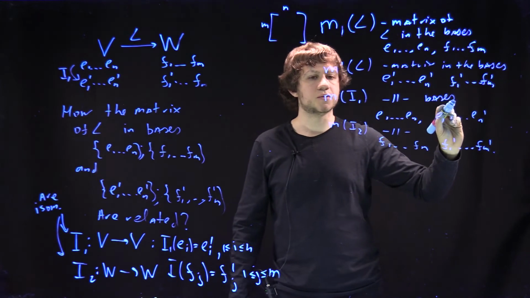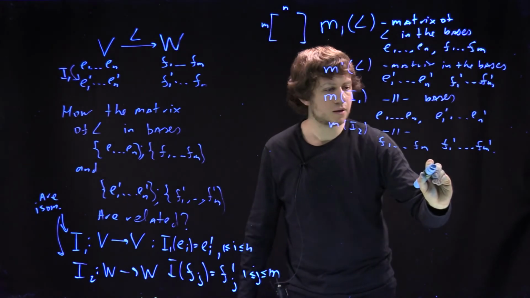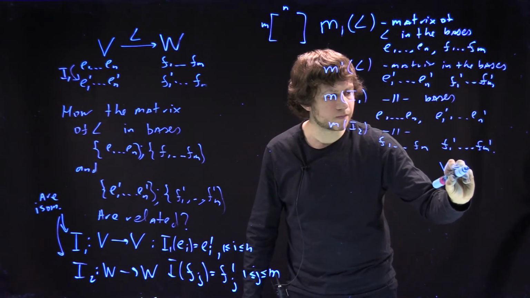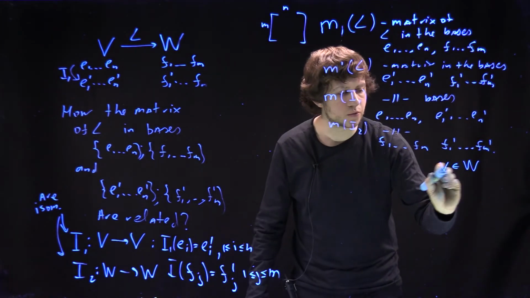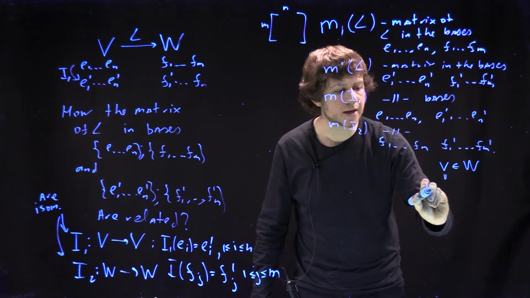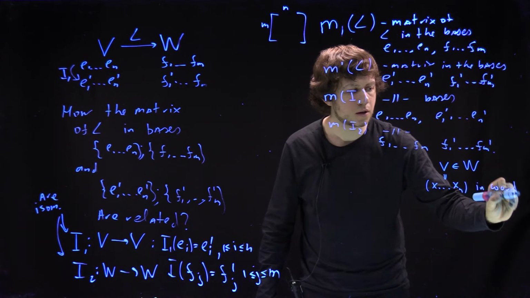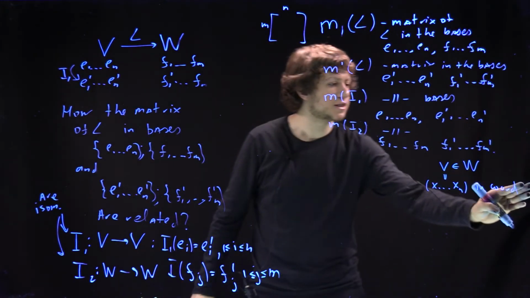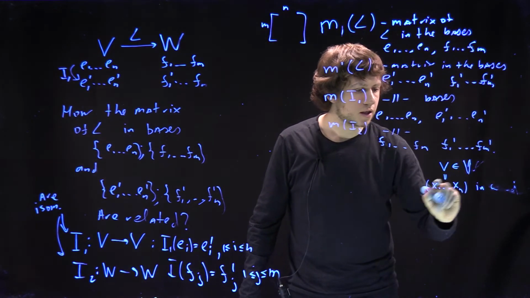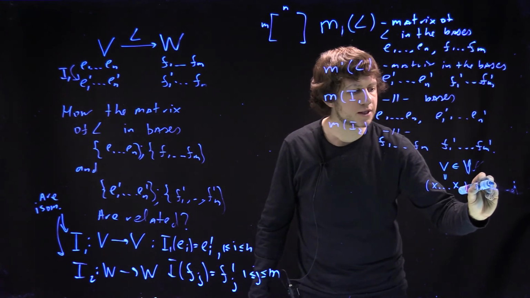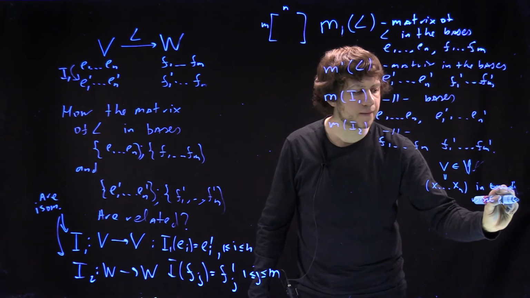So let me try to do that kind of diagrammatically. Take a vector v inside V. Let's suppose you have a vector v equal to x1 up to xn in coordinates in the basis e1 up to en.